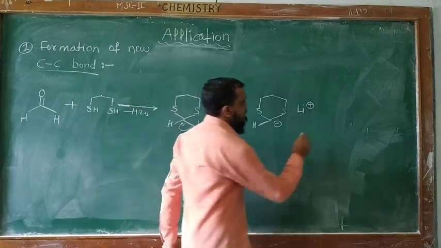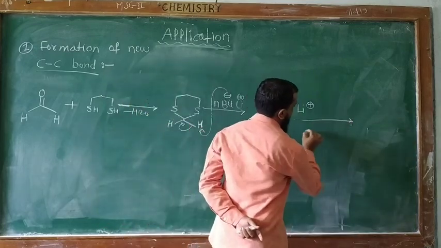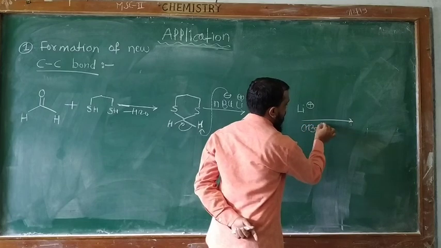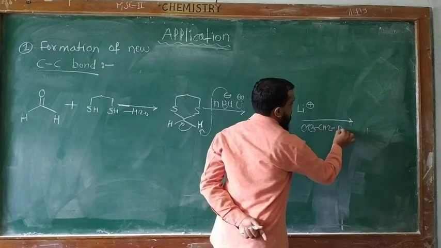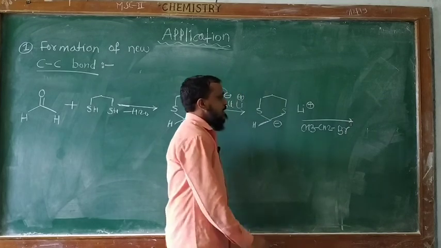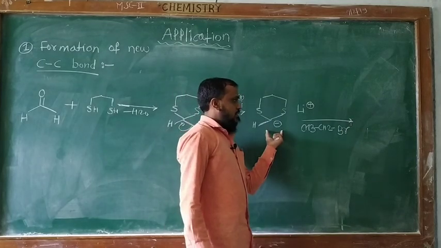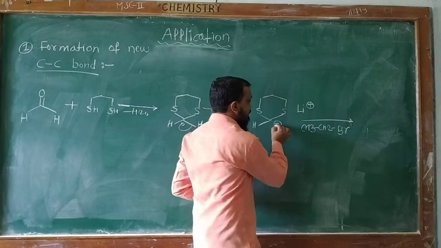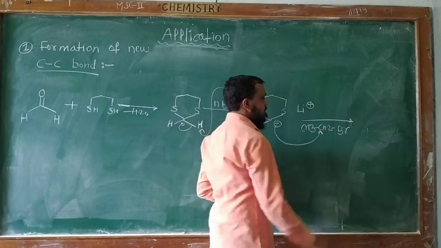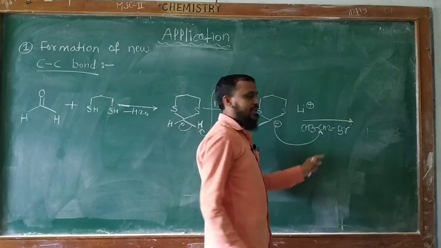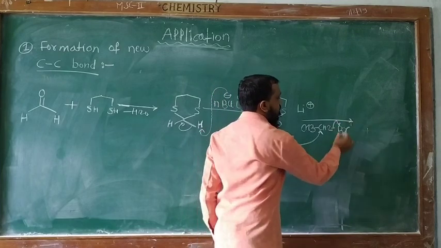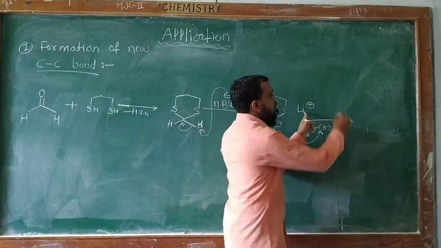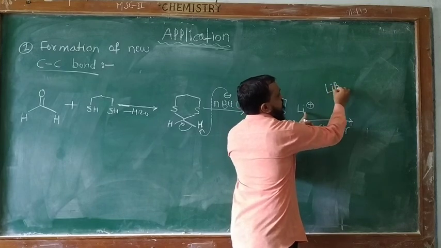Suppose here I have taken ethyl bromide. This is the structure of ethyl bromide. This negatively charged carbon acts as a nucleophile and attacks this CH2 group, and simultaneously bromine is removed, and LiBr is removed as a byproduct.